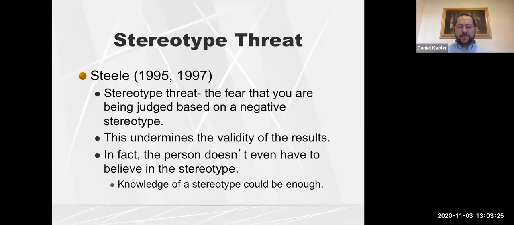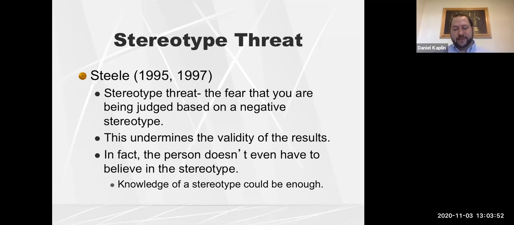So if you were to think about stereotypes between males and females, there might be a stereotype that somehow females are less competent in mathematics. Research suggests that's not true. Both males and females perform roughly the same in terms of mathematics. However, the stereotype is there.